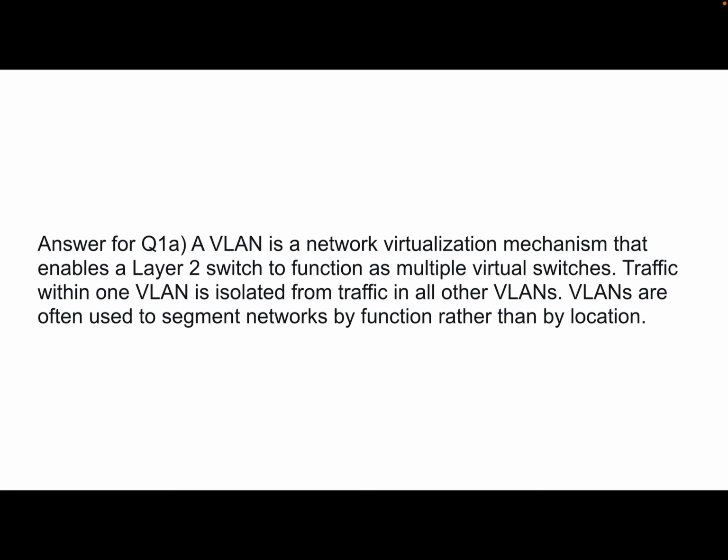So the textbook answer is: a VLAN is a network virtualization mechanism that enables a layer 2 switch to function as multiple virtual switches. Traffic within one VLAN is isolated from traffic in all other VLANs. VLANs are often used to segment traffic by function rather than by location.